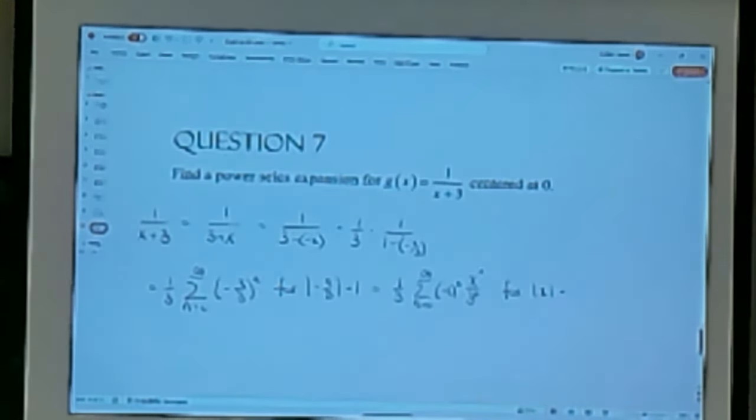Does that have to be less than 3? Less than 3. Yeah. And now just pull the 1/3 in. And there's the power series.